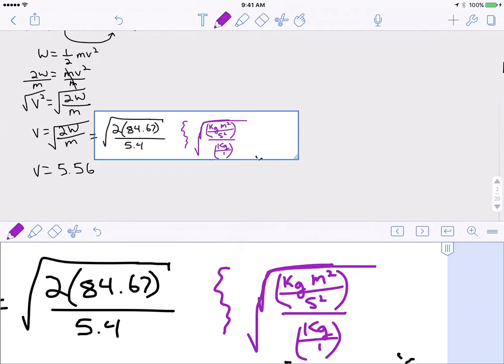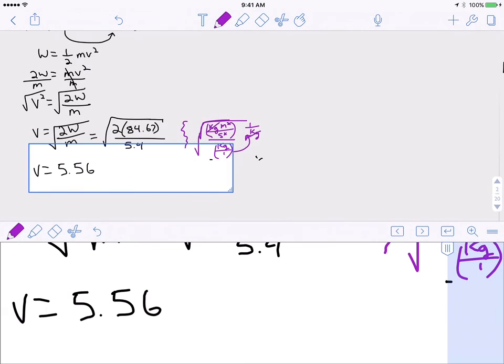Now if I flip this over and invert it, it'll be 1 over a kilogram, which allows my kilograms to cancel. The square root will cancel the squares, and I'll be left with meters per second, which is good because my velocity is measured in distance over time, meters per second. Cool, so that's our problem.